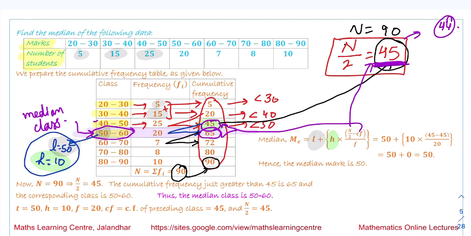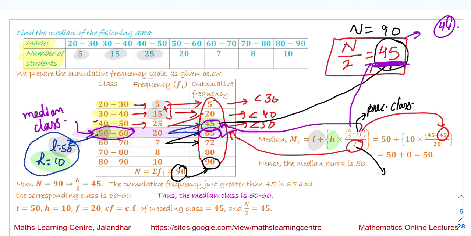So the value of CF that we have is 45, and divided by the frequency of the median class. This is important to note over here that CF is for the preceding class of the median class and F is the frequency of the median class.